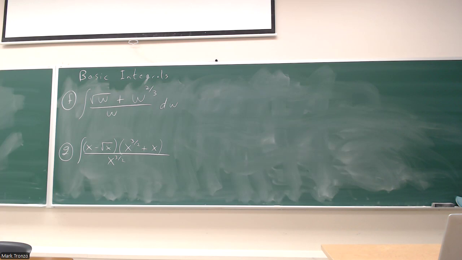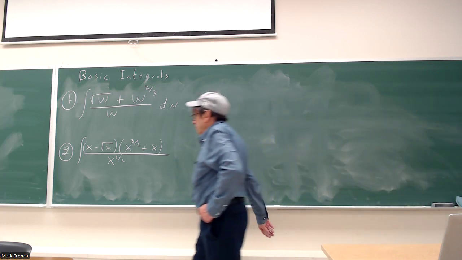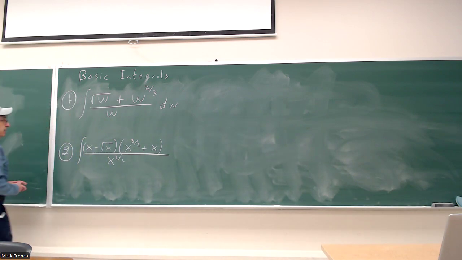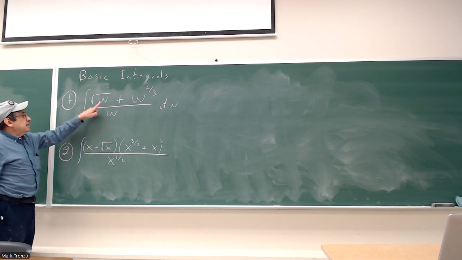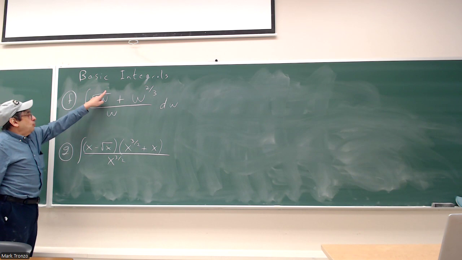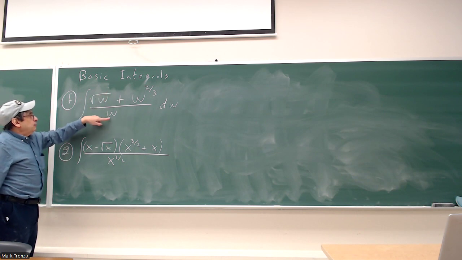Next, let's look at these two integrals. Once again, we have a quotient here, so we're going to have to divide things out before we can integrate. And of course, this is like w to the 1/2. And if we bring this up, this is like w to the -1.